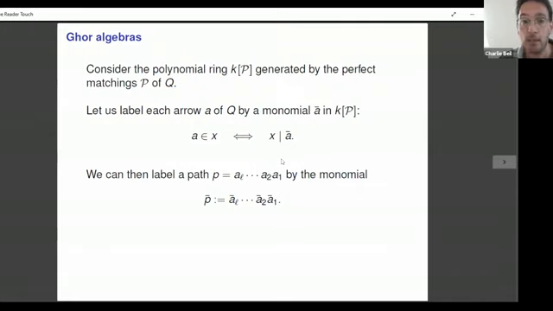We can then label a path P consisting of a bunch of arrows by just the product of the monomials for each arrow.